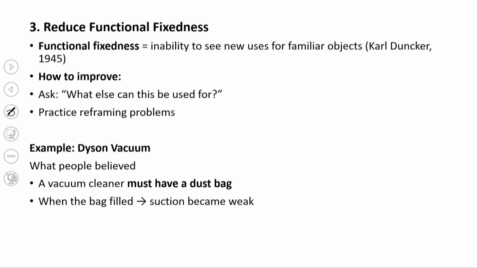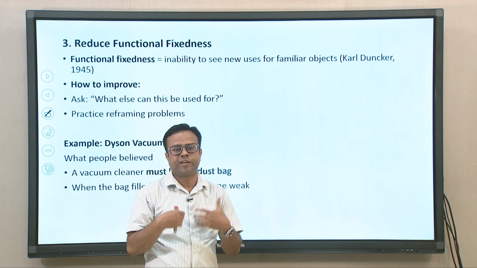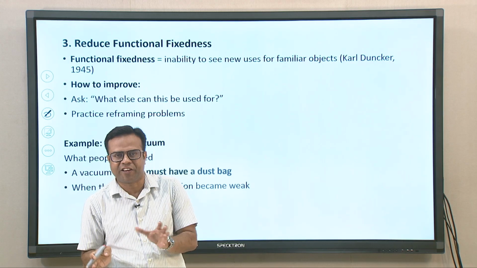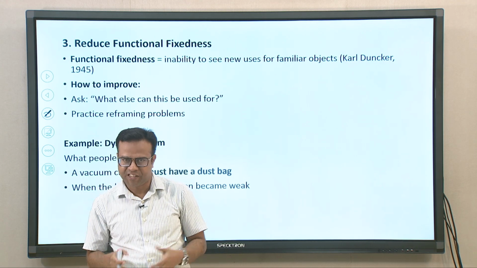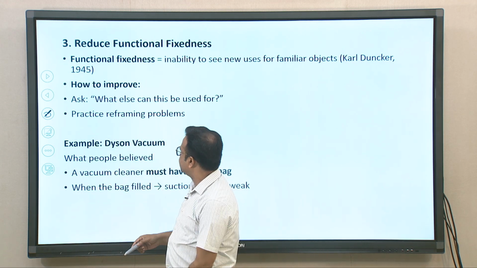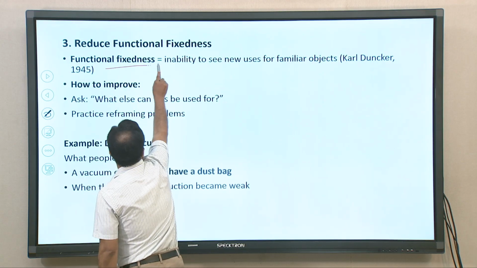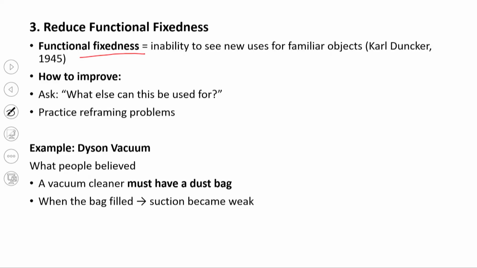The third important factor in increasing creativity is to reduce functional fixedness. Functional fixedness means what? When you become functionally fixed, you only see a particular type of use of something. So, you become fixed, okay, this thing can be used only in this way. So, it is the inability to see new uses of familiar objects.